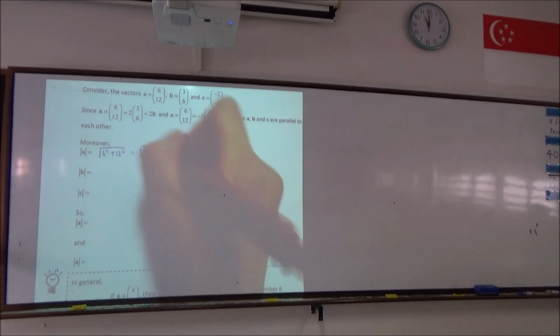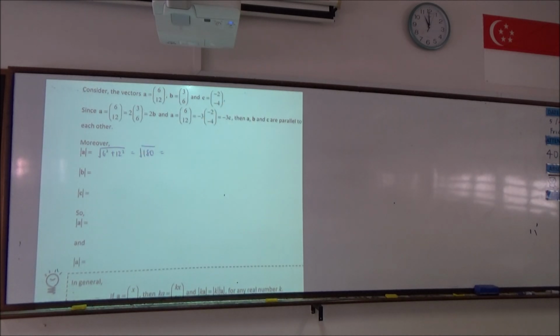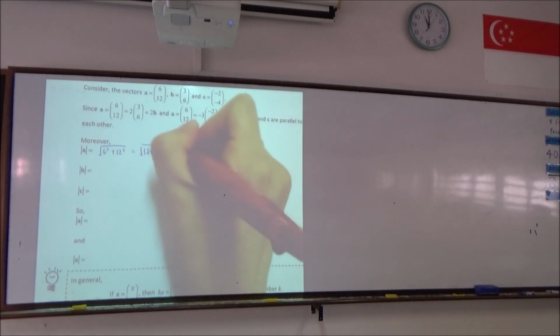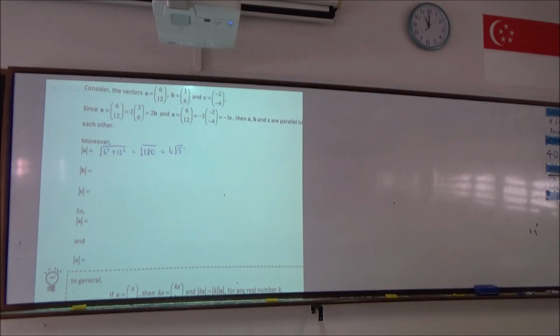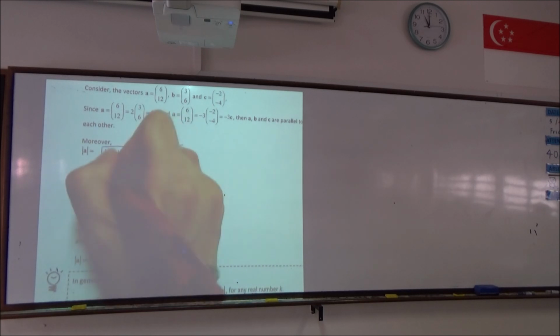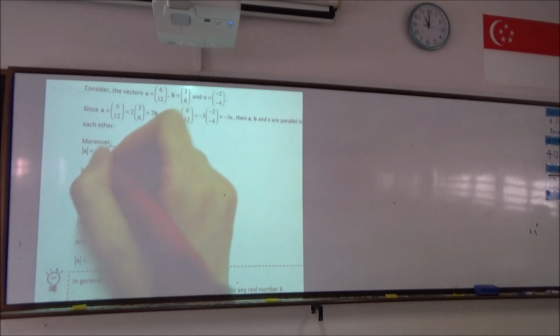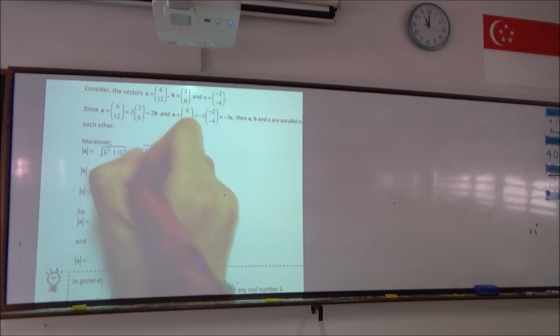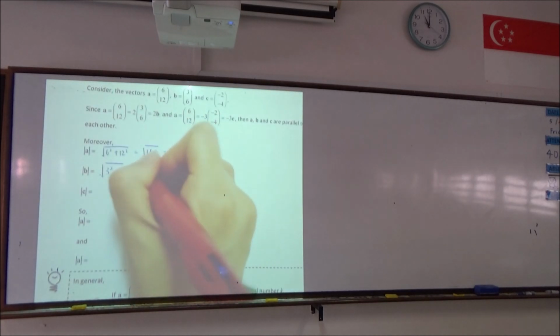I could do my simplification of the surds. Since we are already familiar with that, that will be 6 square root 5, because 180 is 36 times 5. Similarly, for B and C, we can find their magnitudes.